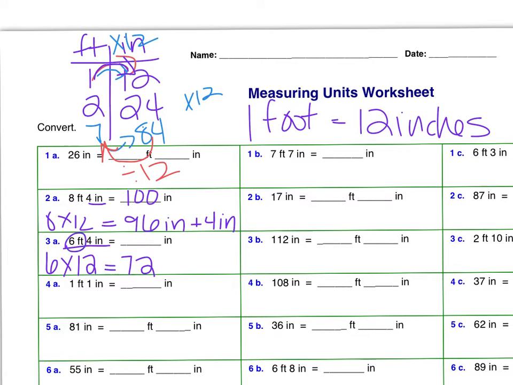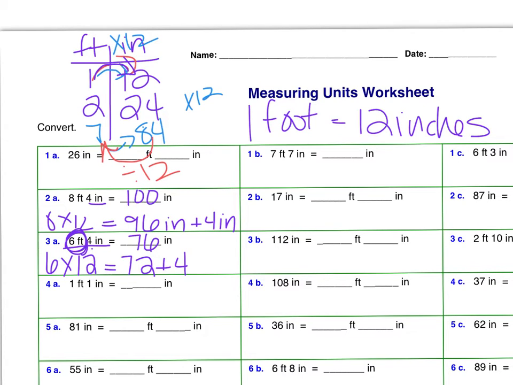That's just the feet. I also have these 4 inches to include, so I'm going to add them on and I get 76 inches. So that's turning feet into inches.